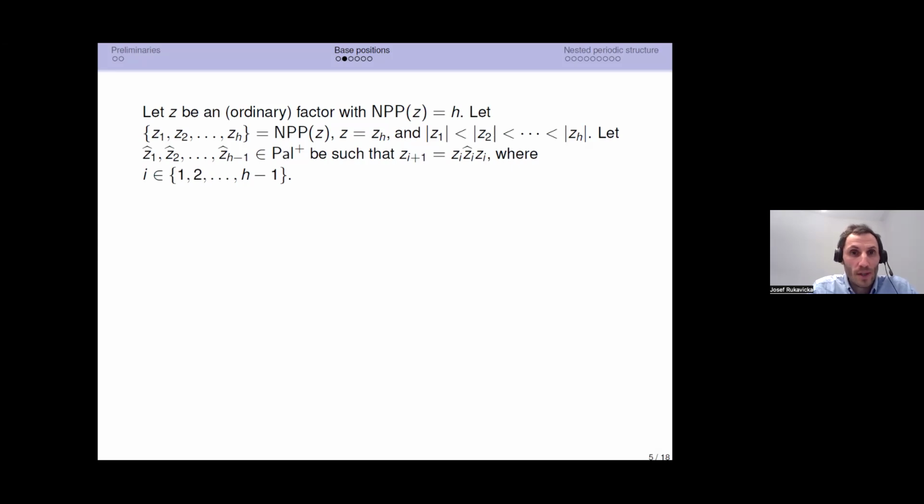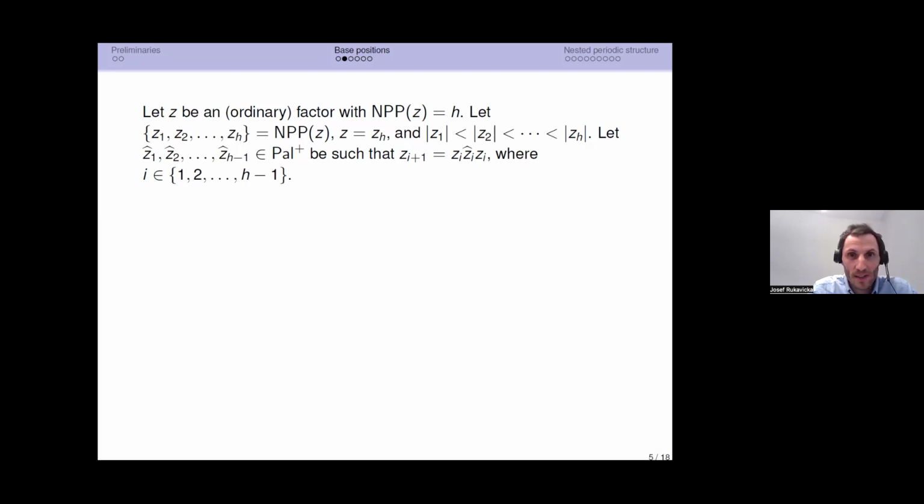So the palindromic prefixes are ordered based on their lengths. It is also clear, as I said, that Z1 is the first letter of the word Z. So this is what I consider, and then I define Z1, Z2, and so on up to ZH.